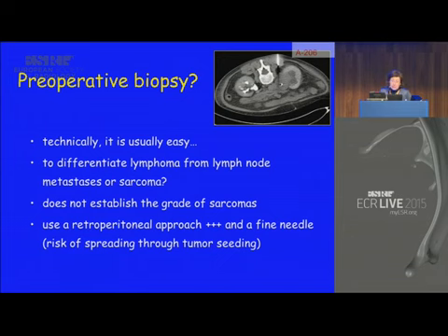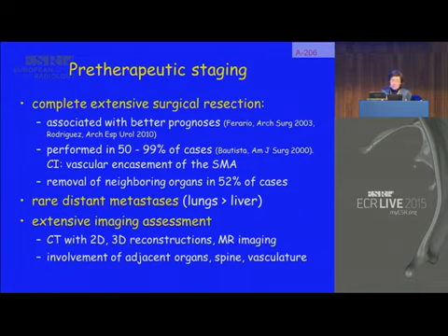It might be useful to differentiate a lymphoma from lymph node metastases, but it does not establish the grade of sarcomas, and it's important to use a retroperitoneal approach rather than a transperitoneal approach and a fine needle because of the risk of spreading. For the pre-therapeutic staging, CT and MR are very useful with 3D reconstructions.